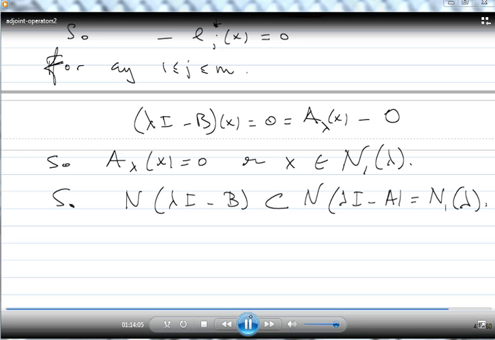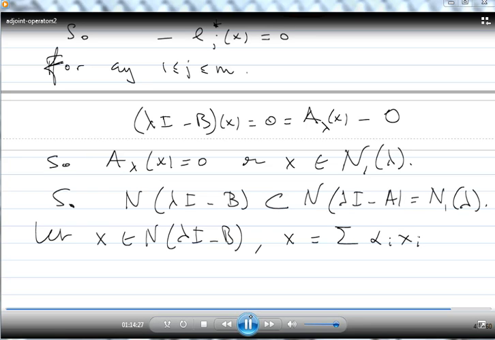So let x belong to the null space of lambda I minus B, then x is in the span of the xi's, so this will be the sum of alpha i xi from 1 to n.